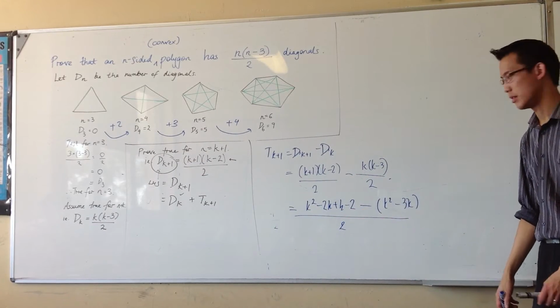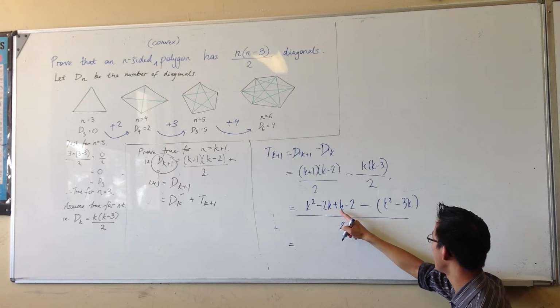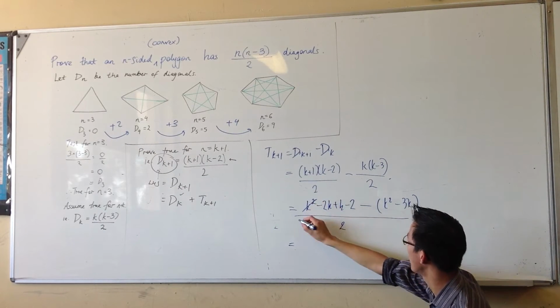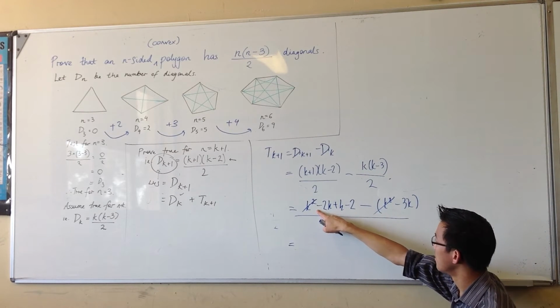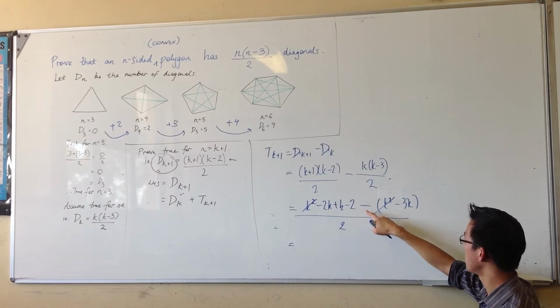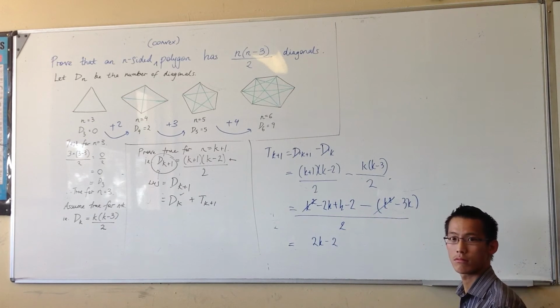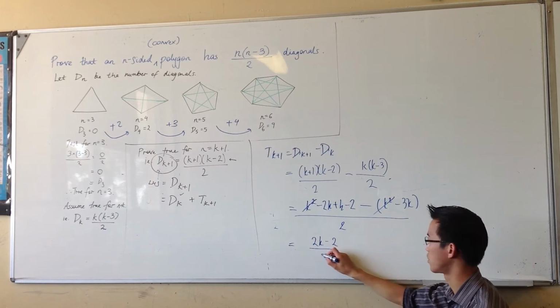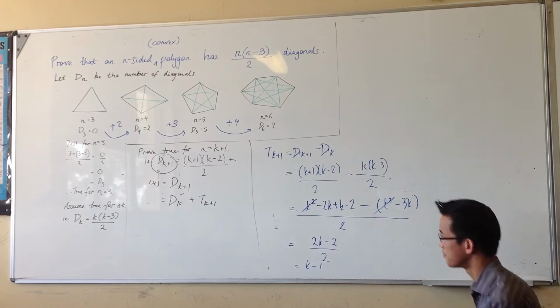That's just one fraction. So I've got k squared minus k, and this k squared will cancel with this k squared. I've got minus k here plus 3k. So 2k minus 2, and that's actually all over 2. So far, so good. So k minus 1.